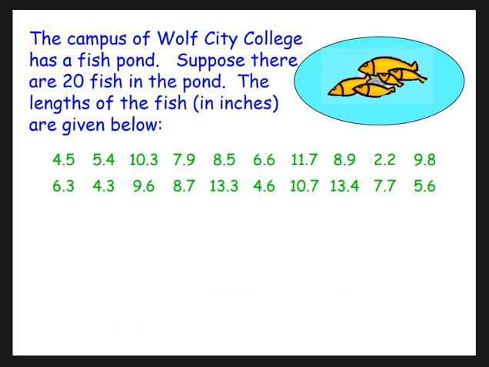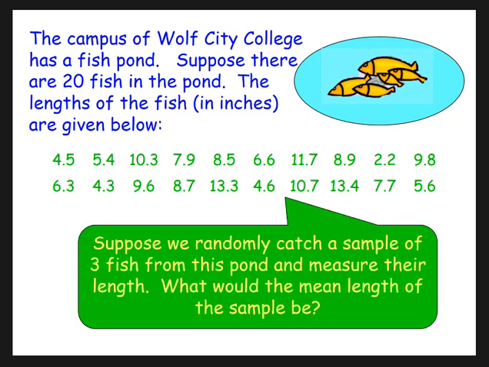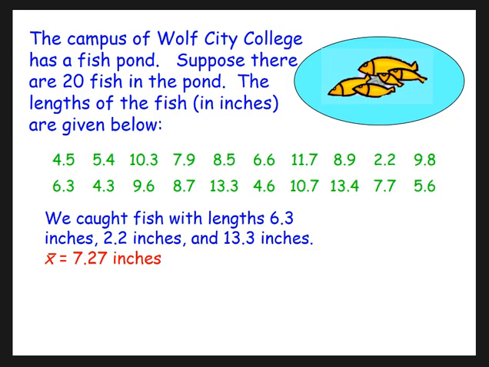So here we're taking a sample of 20 fish out of a pond, and these are their lengths in inches. Suppose we randomly catch a sample of 3 fish and measure them. The lengths are 6.3, 2.2, and 13.3. You'll notice we had one value that's pretty small, the 2.2, but another one that's fairly large, the 13.3.